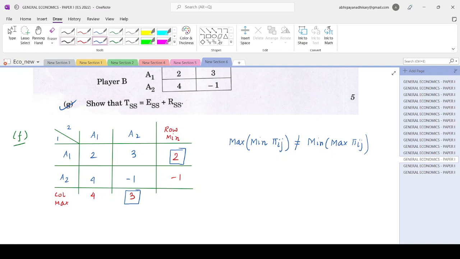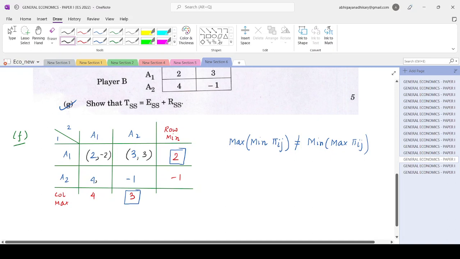So what happens in mixed strategies? Let me write down the complete payoff matrix for both players. A zero sum game means the payoff of the other player is the negative of the first. So 3 comma minus 3, 4 comma minus 4, minus 1 comma 1. So we'll try to find out the mixed strategy Nash equilibrium in this case, because we couldn't find any pure strategy, as you observe by the minimax theorem.